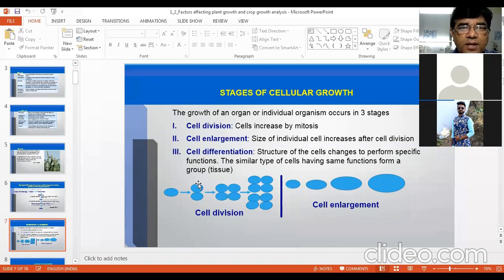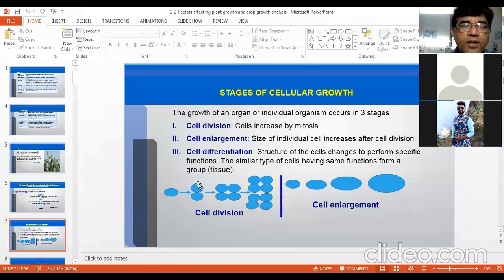Of course, the morphological features develop by cell differentiation. First there is production and enlargement of cells, and then the differentiation happens. Several internal and external factors come into place for cell differentiation. The structure of the cells changes to perform a specific function.